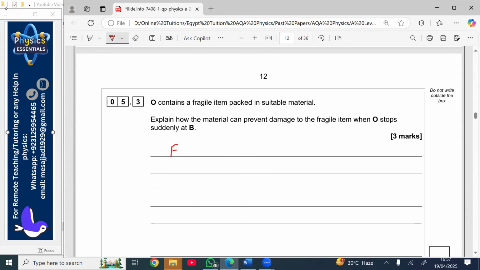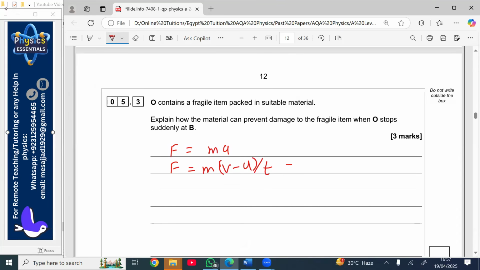As we know, F is equal to ma, and from here F is equal to m times (v minus u) over t.